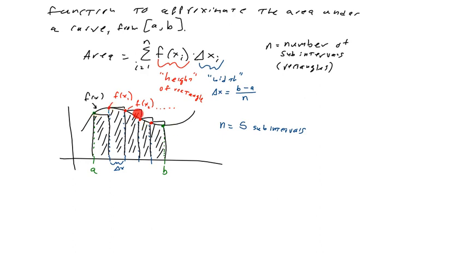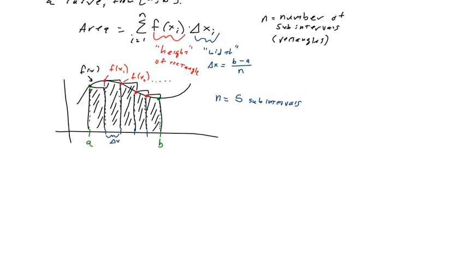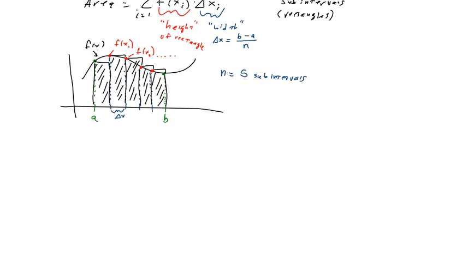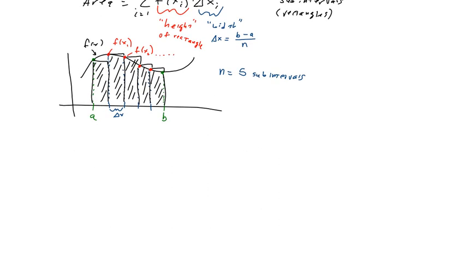All right, so that's our idea. So let's get into how we do this practically. First of all, let me tell you a couple things here. There are actually many different kinds of Riemann sums.